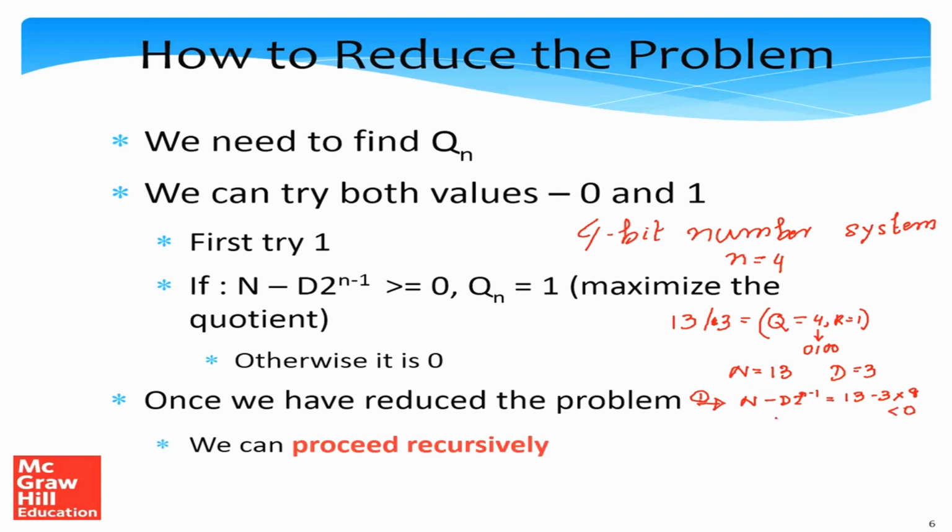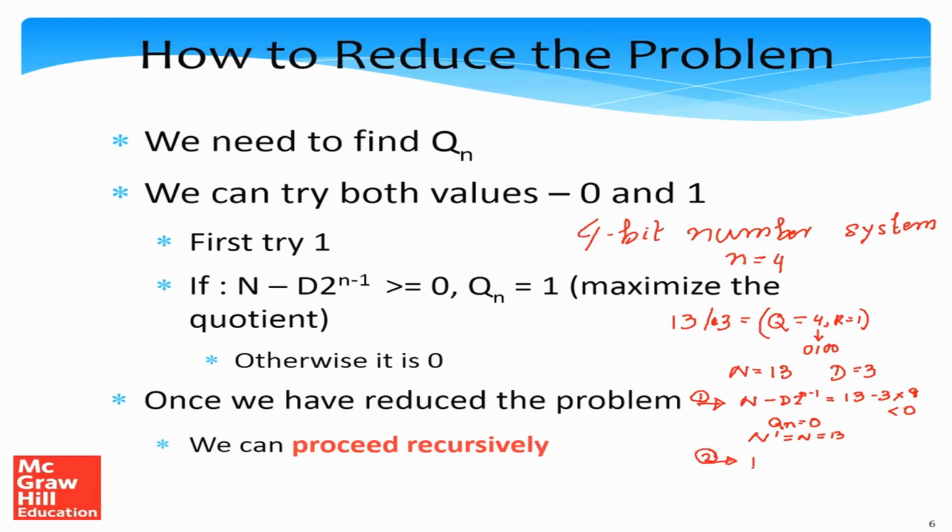As a result, we set the most significant bit of the quotient to 0. As we can see, this is the correct answer. In this case, n dash, the new dividend, will remain the same as the old dividend, which is 13.